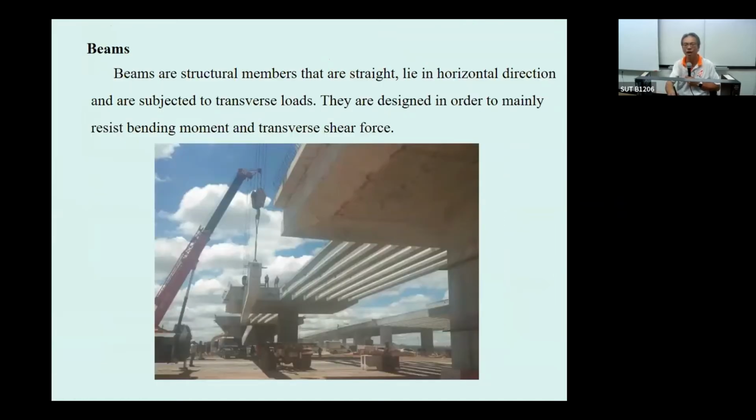Next, we have the structure over here. If you take a look at this one, this is being lifted into position on the highway bridge. In front of our university, there is the construction of the bypass, and there is the highway bridge there. They built the beam. For this one it is a precast RC beam.